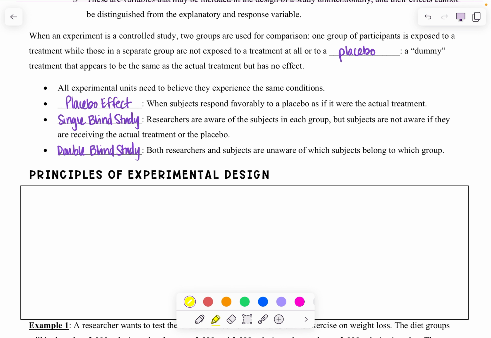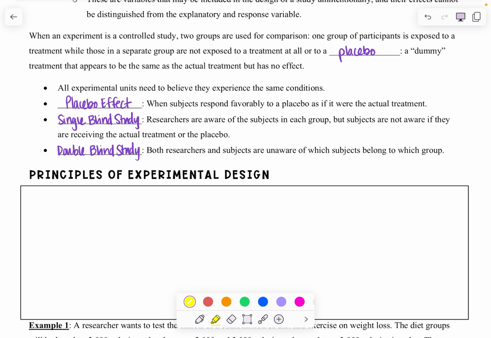And then to fix the placebo effect, typically, we try to blind our experiments. For single blind studies, that means that the subject that the experiment is being done on does not know what they are receiving. They all look the same, they have no idea, and that's just hopefully to prevent them from kind of making up effects in their head.